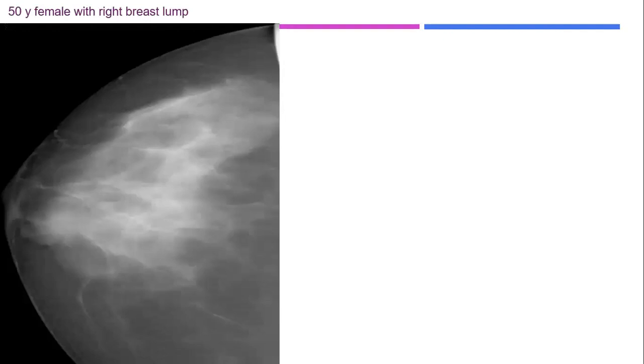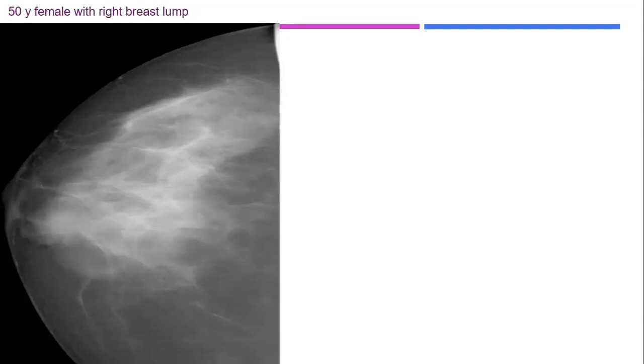What about this example? A 50-year-old lady. There is a focal asymmetry, retroareolar, with associated skin thickening. Is it asymmetry or mass?